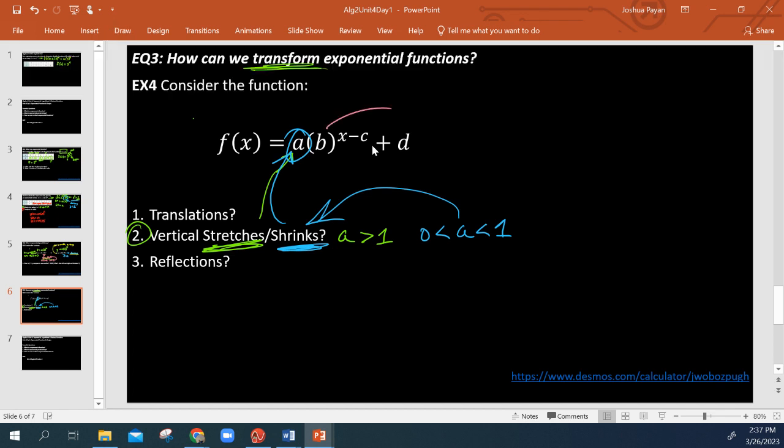B, we talked about in the previous video. This is our growth or decay factor. It's growth when B is greater than 1, and it is decay when B is less than 1.